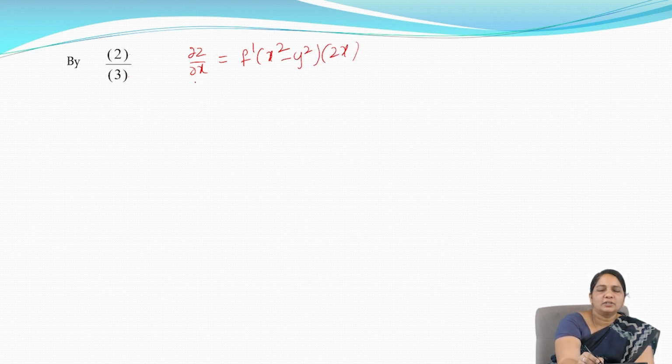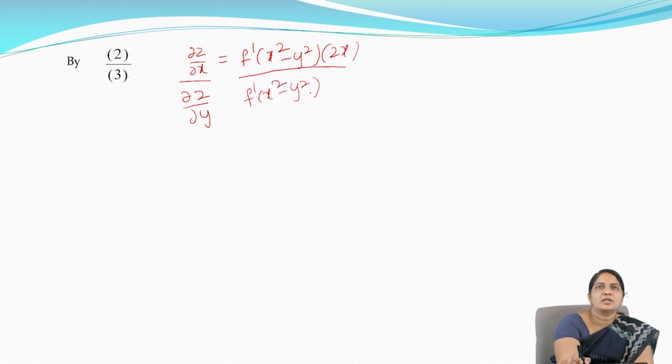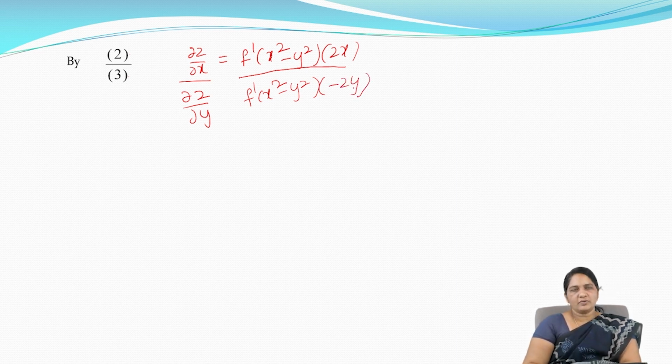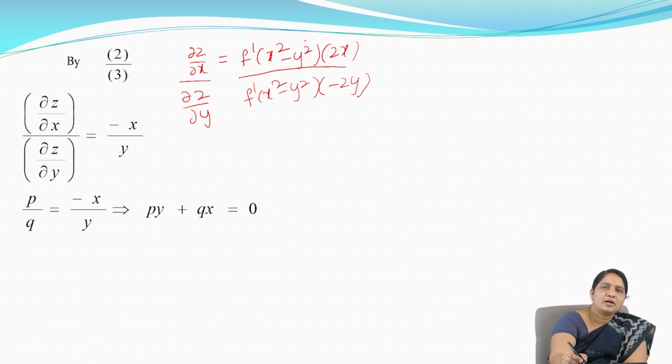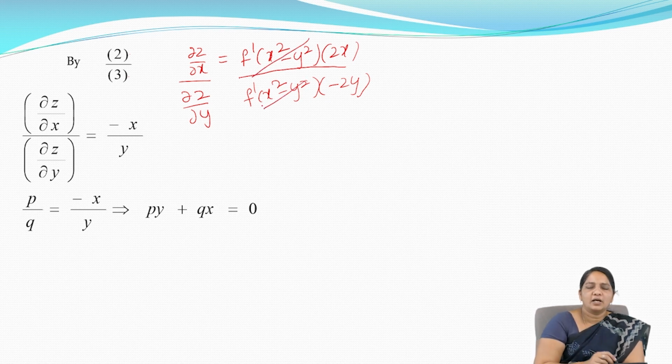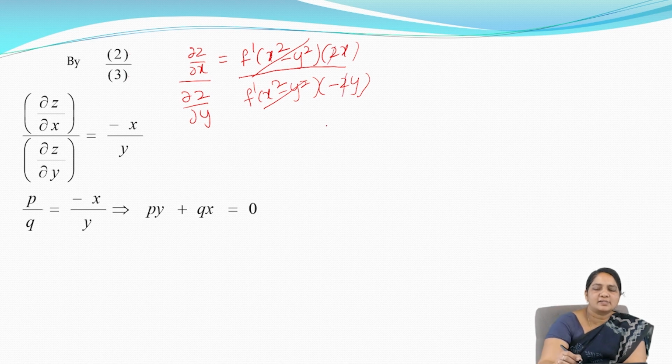The third equation is dou z by dou y equal to f dash of x square minus y square into minus 2y. Dividing equation 2 by equation 3, f dash of x square minus y square will be cancelled, and 2 will be cancelled.